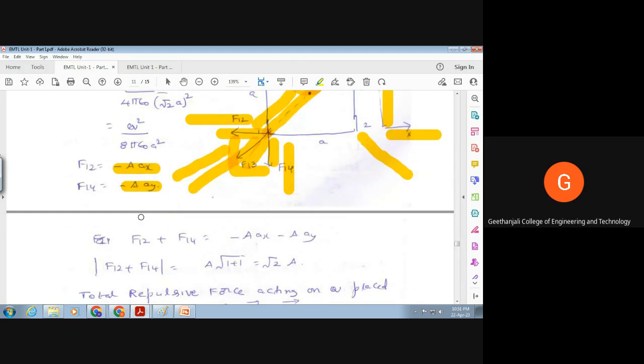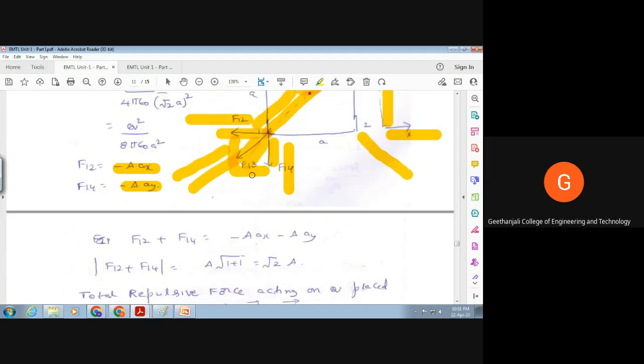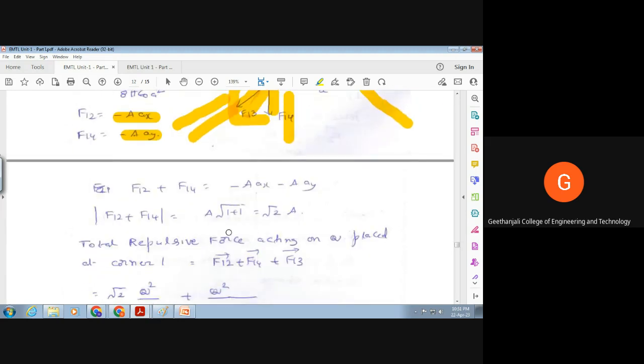Now the resultant of F12 and F14. F12 plus F14 will be equal to minus A a_x minus A a_y. So the magnitude is A into root 1 plus 1, so root 2 A. And what is the direction? The direction will be along the diagonal. The total repulsive force will be F12 plus F14 plus F13.